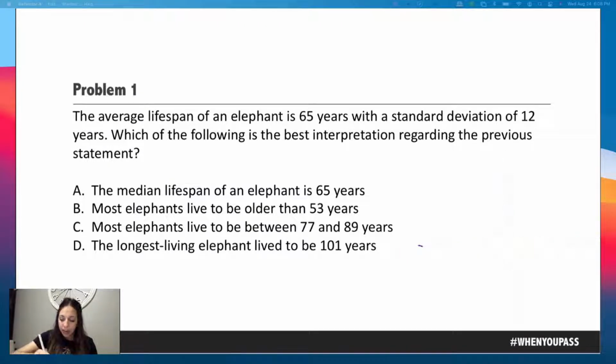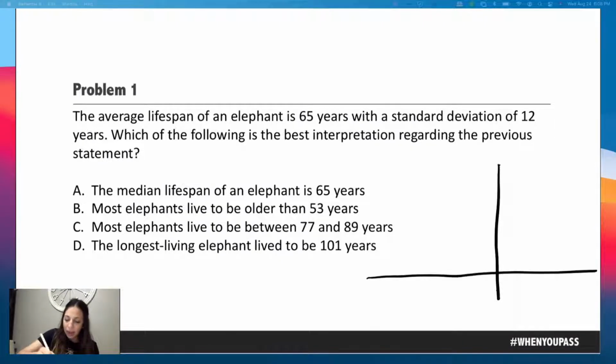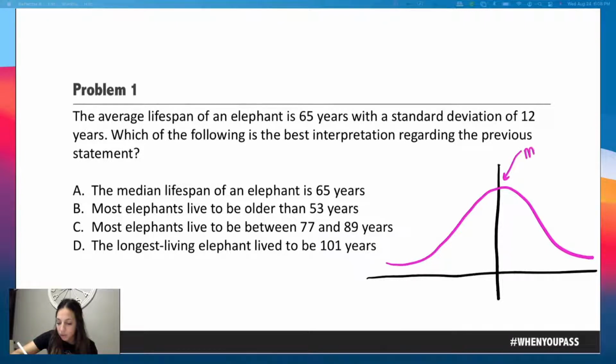So if these are my axes, and I have data distribution that looks something like this, where the black line is your median or the middle of your data, what standard deviation says is that at one standard deviation away, about 34% of the data is going to fall between your median and one standard deviation away from it.